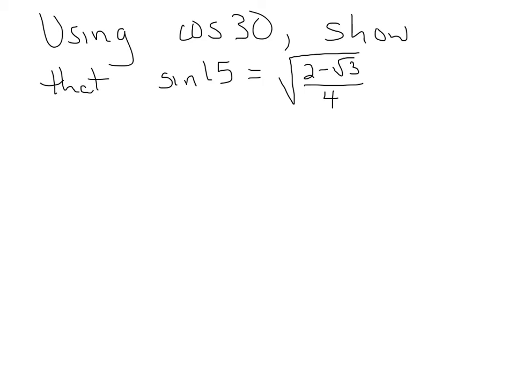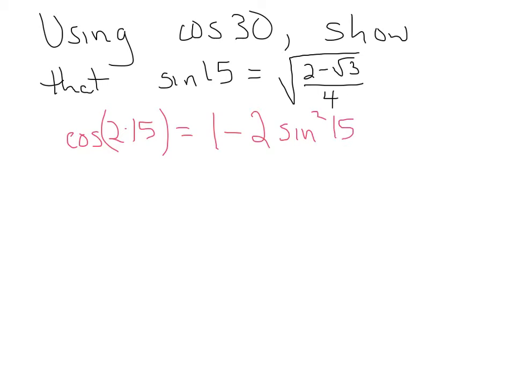So what we can say is that cosine of 2 times 15 is equal to, and I'm going to use 1 minus 2 sine squared x, so 1 minus 2 sine squared of 15.